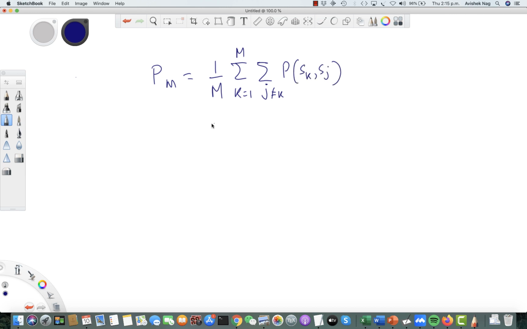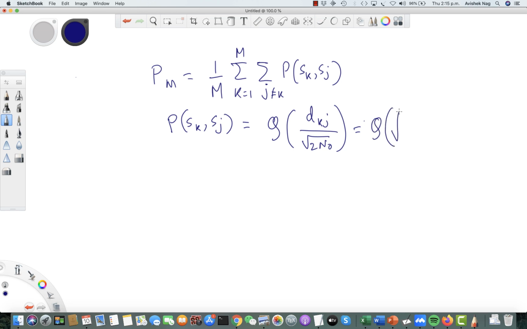And probability of Sk Sj is nothing but the Q function of the distance between the two signals divided by square root of twice N0. And this you can write as this.